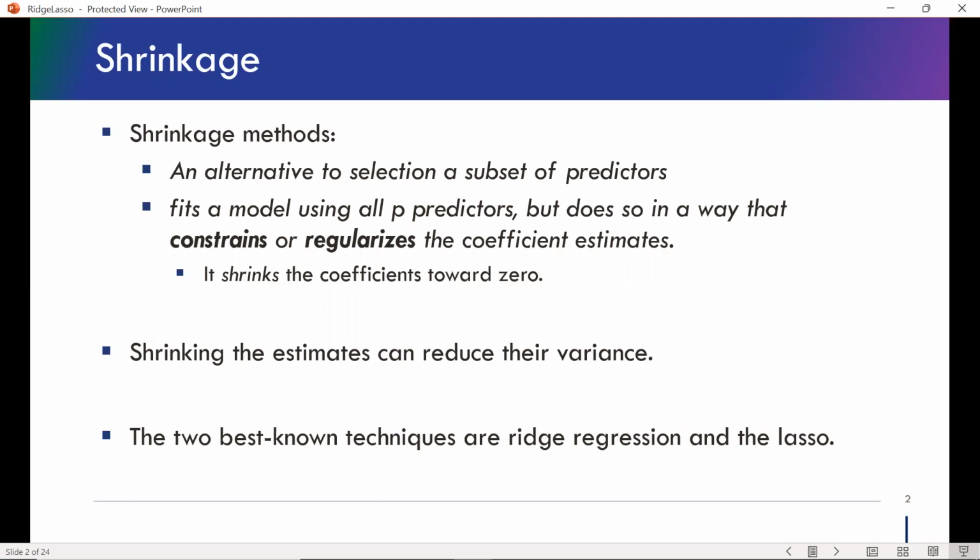That would impact your testing set prediction error, etc. So you change your data a little bit, it will change your model a lot. That's what we mean by big variance when we do the modeling. And the ridge regression and the lasso are the two we're going to talk about today.